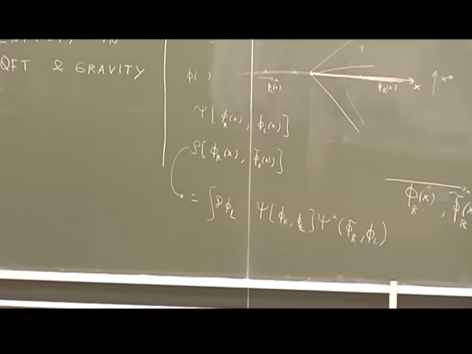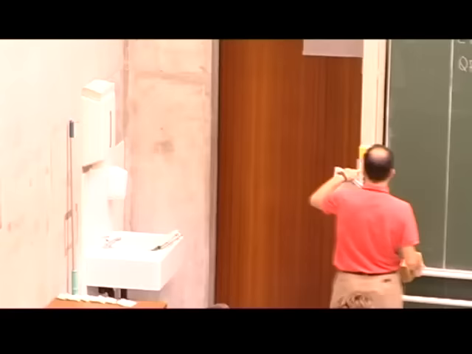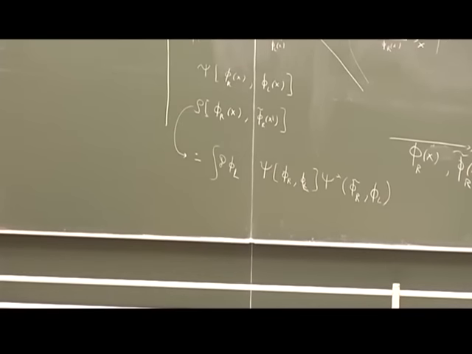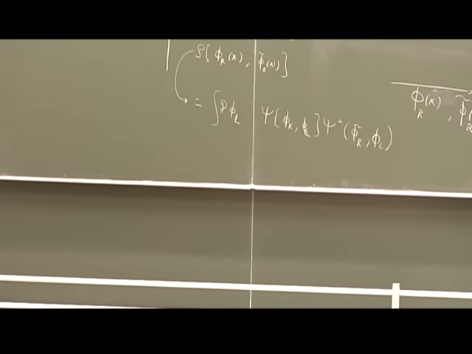Now, some of the features we discussed here for Rindler space are actually very general features of quantum field theory when we take quantum field theory and we restrict observations to a region of space, more than finite, I should say, a region of space which does not include the whole space.